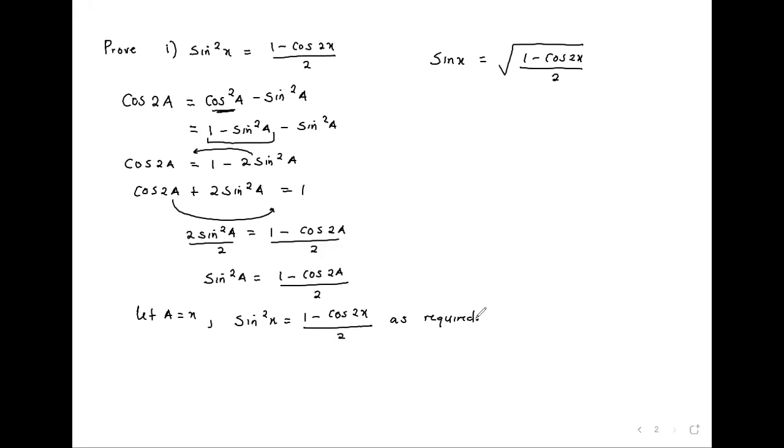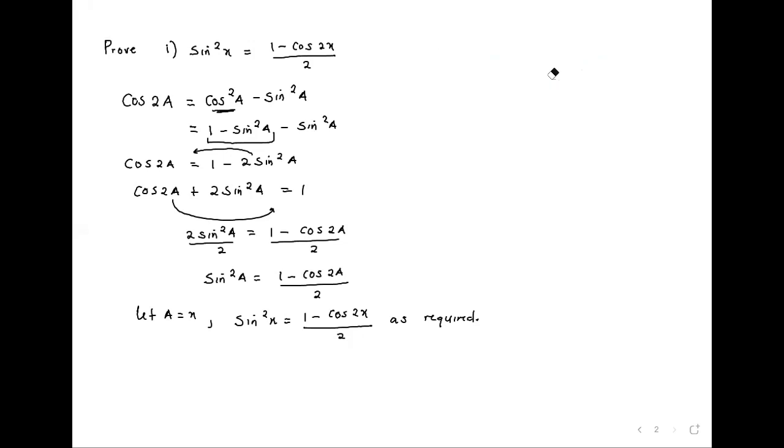Sir, I'm a little bit behind, like where square root of 1 minus cos 2x over 2 becomes cos 2a. Where's the square root? We don't use the square root in the proof. I mean the square root there at the right corner, where is sine x.